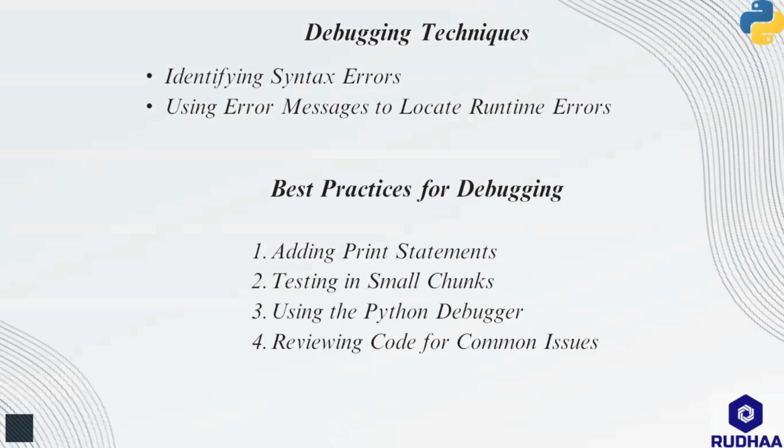You may have missed the colon, or you may have indentation issues, or the variable names are different. Then using error messages to locate runtime errors: runtime errors occur during program execution, often caused by invalid input or operations. On those runtime errors, you will get error messages, so you can study those messages and use them to identify the errors for debugging.